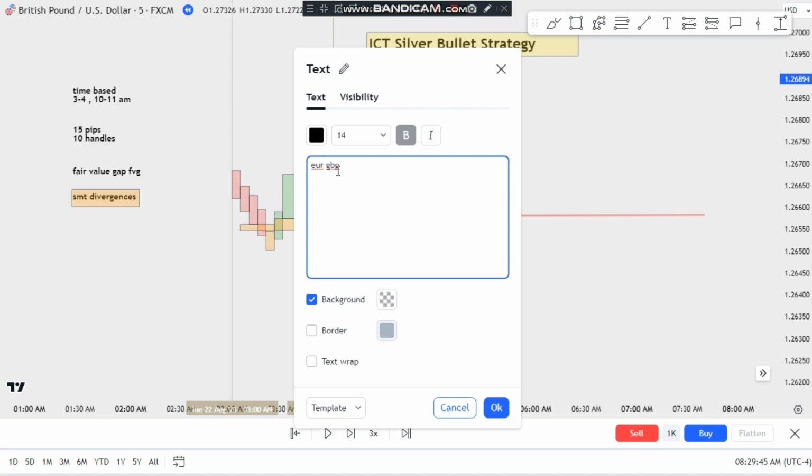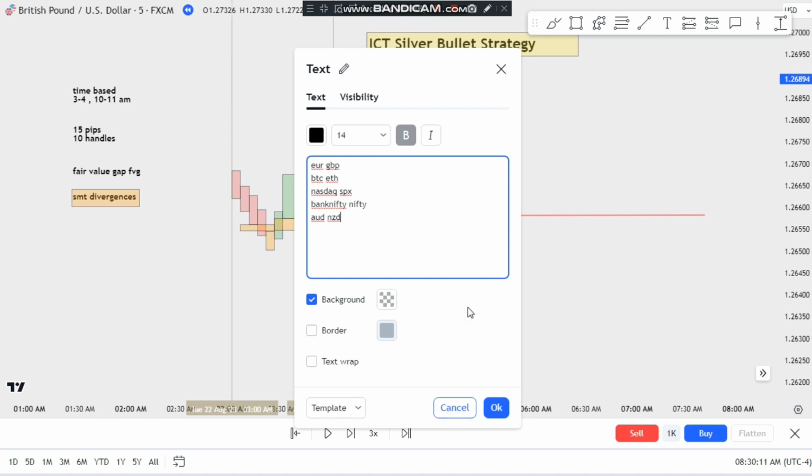If euro goes up, the GBP also goes up. Then in crypto there is Bitcoin and Ethereum. In indices there is Nasdaq and SPX. Then there is Bank Nifty and Nifty. There are of course some others like Australian dollar and New Zealand dollar.